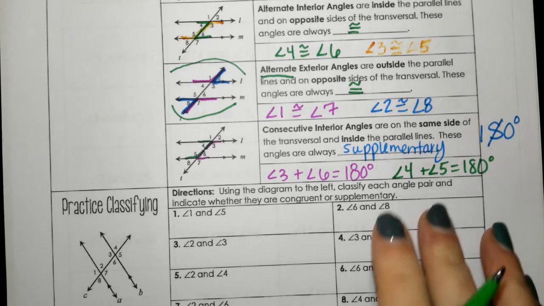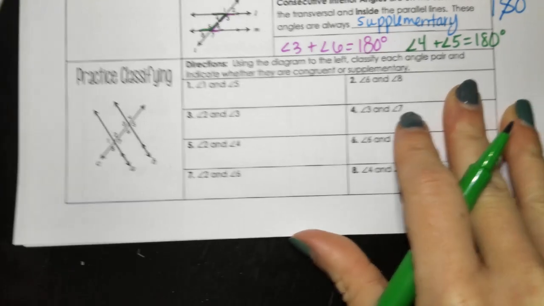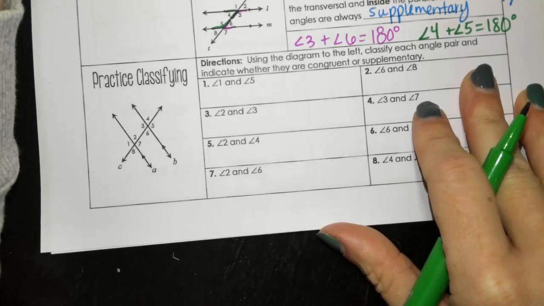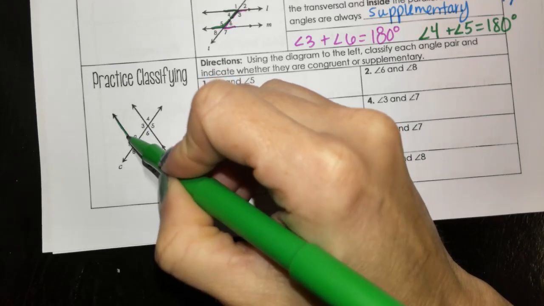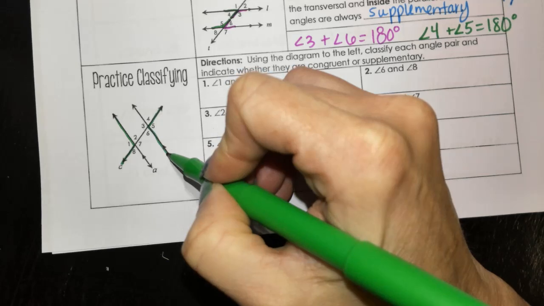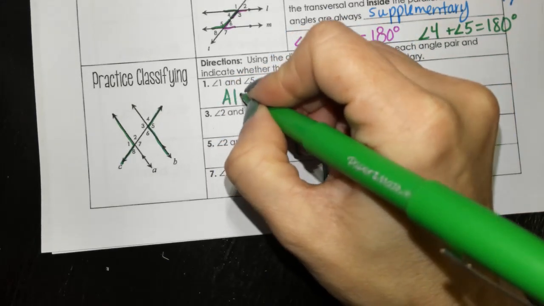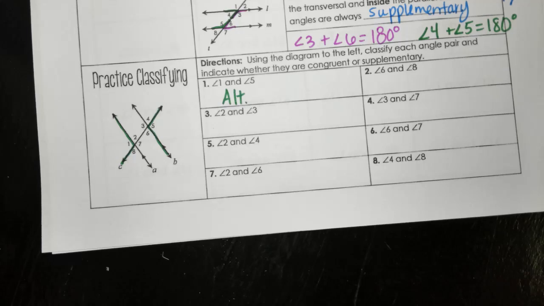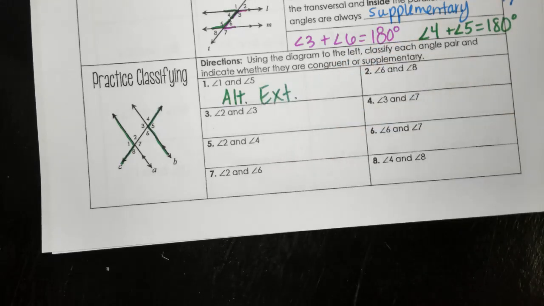Okay, so let's practice just a little bit before we move on. Practice classifying. So we're going to look at angle 1 and angle 5. Angle 1 is here, this entire angle. Angle 5 is there. So angle 1 and angle 5 would be alternate, and I'm going to use abbreviations. You guys know I always do. Alternate exterior angles.